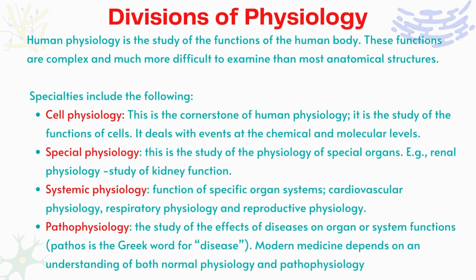And then we have pathophysiology, which focuses on the effects of diseases on organ or organ system functions. Pathos is a Greek word meaning disease. Modern medicine depends on understanding both normal physiology and pathophysiology. Those are the divisions of physiology.